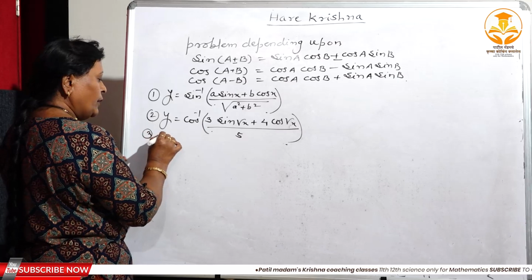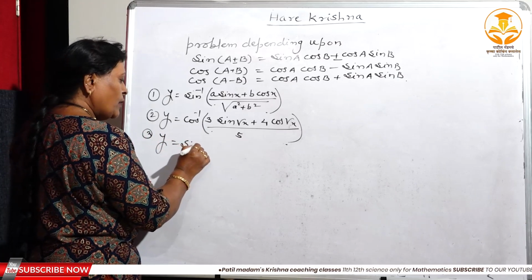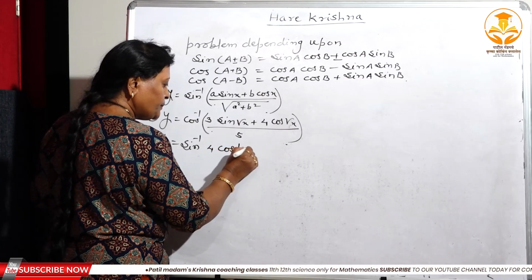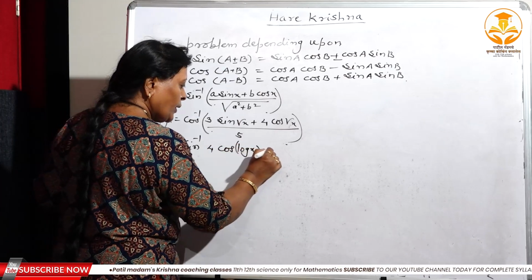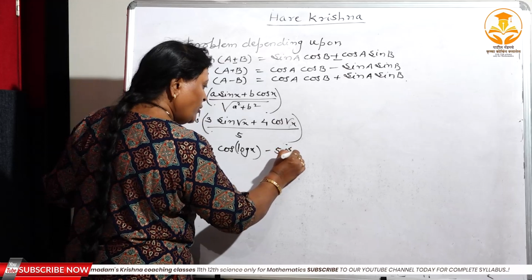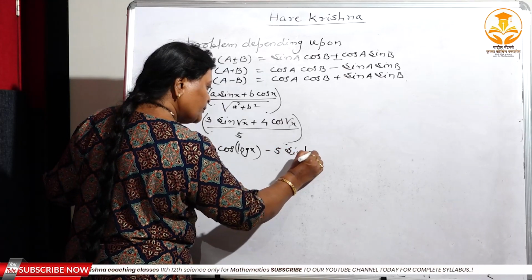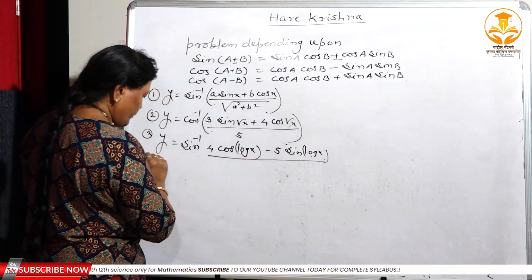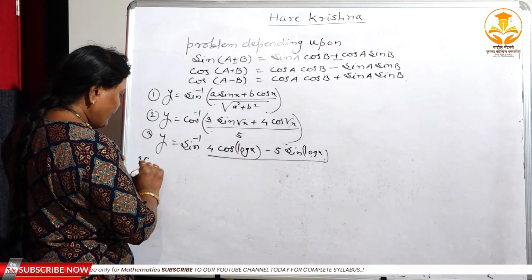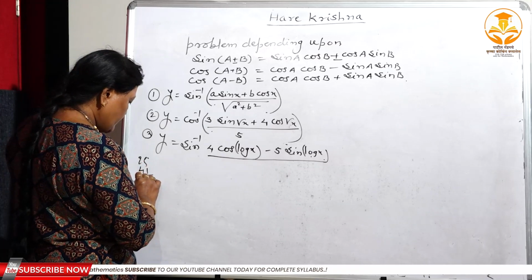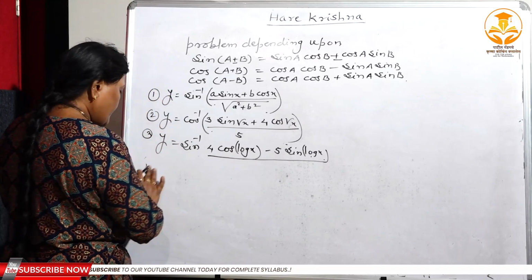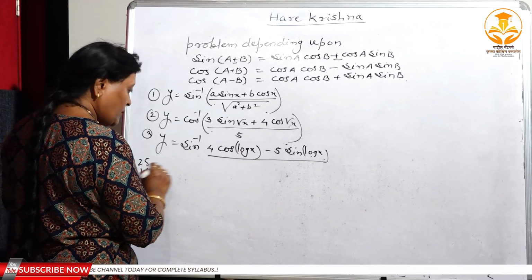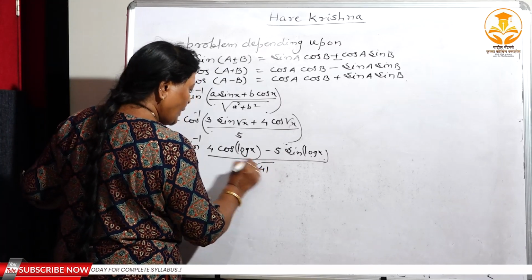Third, y is equal to sin inverse of (4 cos log x minus 5 sin log x) divided by, here again, 25 and 16, that is root 41, isn't it?